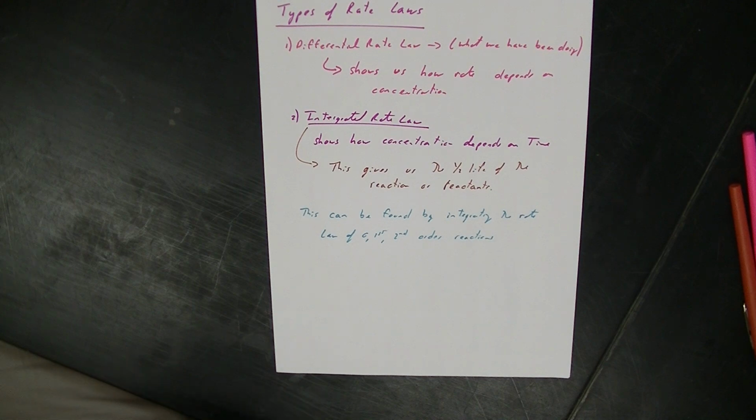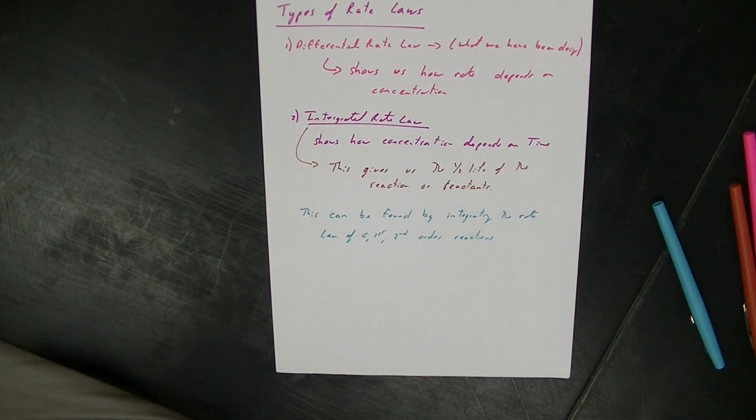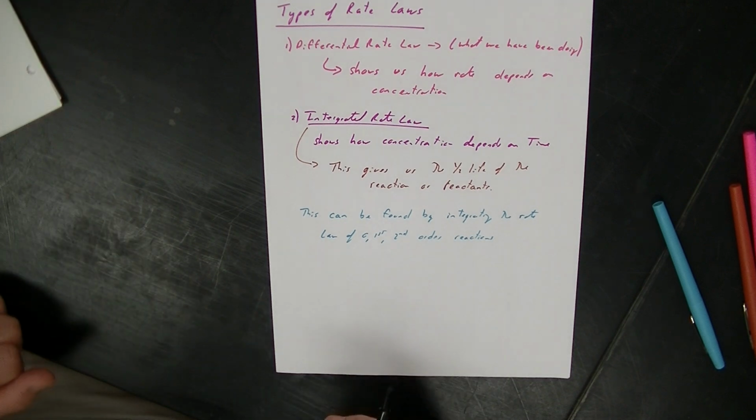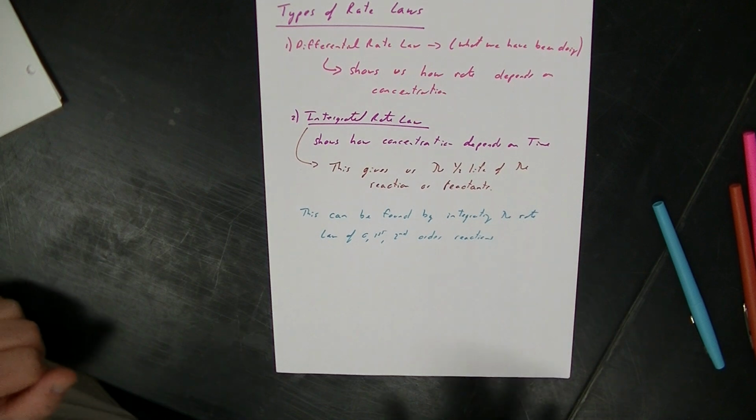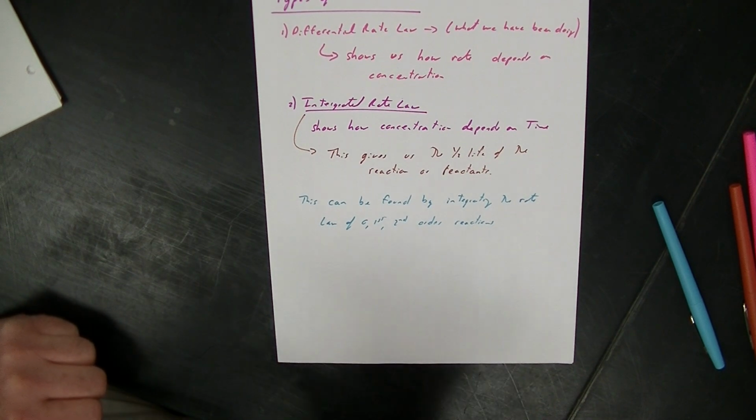Now, integrated rate laws really make our lives simple. The equations are kind of a pain in the butt, but they allow us to do some calculations that make it a lot easier.